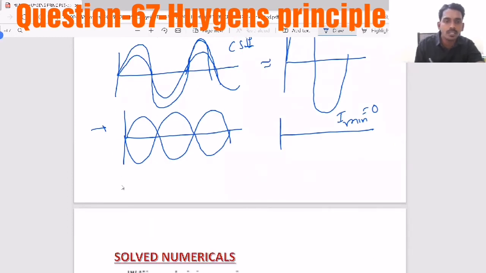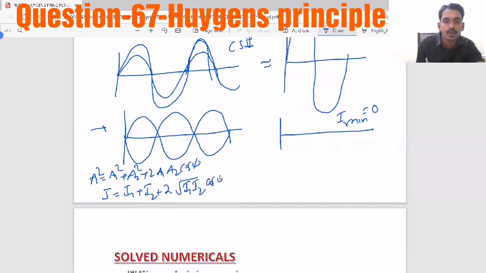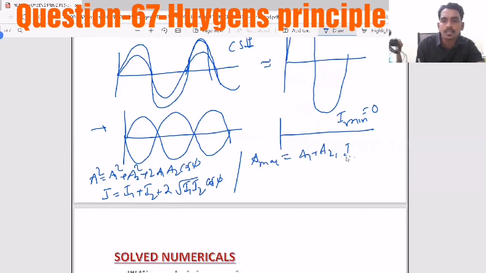Why? Because when you consider the resultant formula, A squared equals A1 squared plus A2 squared plus 2 A1 A2 cos phi, the intensity formula becomes I1 plus I2 plus 2 root I1 I2 cos phi. The maximum condition we have seen is A1 plus A2, and the I maximum condition becomes (root I1 plus root I2) whole squared.